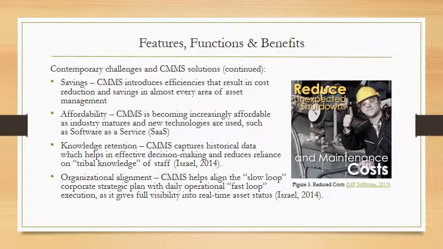Organizational alignment. There are, as we know, typically at the beginning of a fiscal year, an organization at the highest level plans out what is known as the slow loop corporate strategic plan, but in reality, the daily operational so-called fast loop of executing that plan usually varies quite significantly from what was strategically planned.